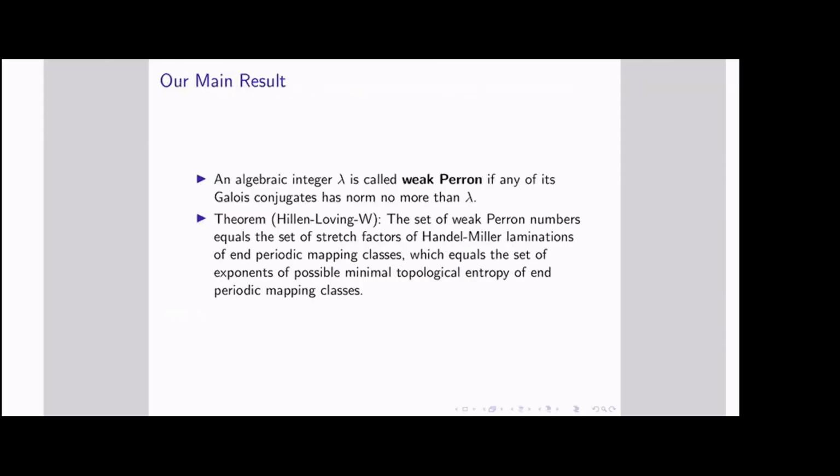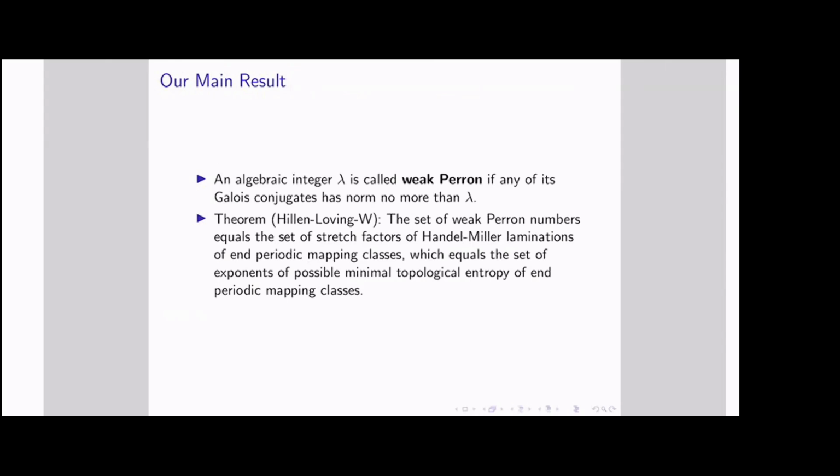So what's our work? Our main theorem in our paper is this one. We define an algebraic integer lambda to be weak Perron if the absolute value of any of its Galois conjugates is less than or equal to lambda. In particular, lambda is a positive real number.